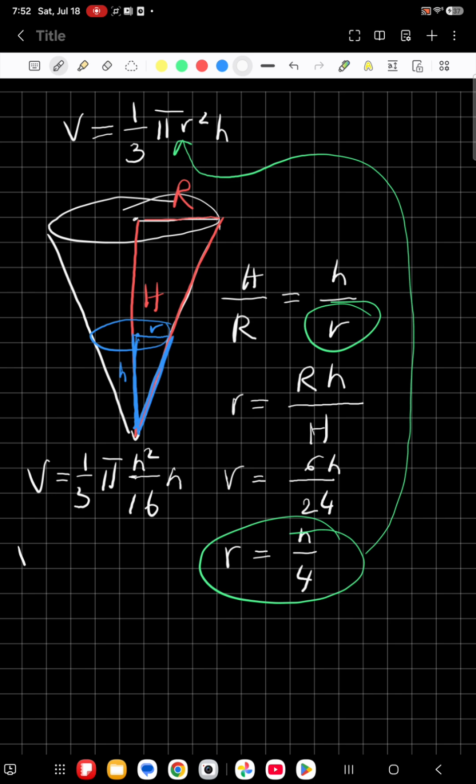After I simplify it, I get 1 over 48, then we have pi, and then we have h to the third power. Okay, so now it's doable, because now we're going to take a derivative of both sides.